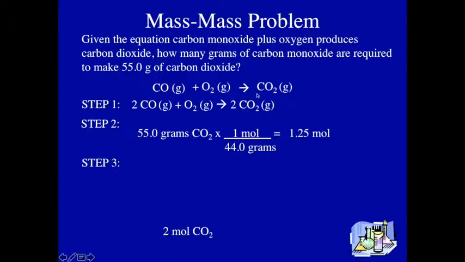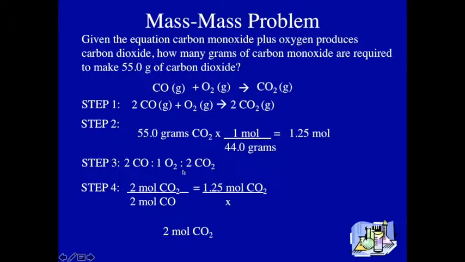I need to know how much carbon monoxide has to go in. So I find my mole ratio. 2 carbon monoxides to 1 oxygen to 2 carbon dioxides. From there, I can set up my cross multiplication. So on this side is the ratio, and on this side is my actual scenario, how many moles of carbon monoxide when I need to produce that much carbon dioxide.